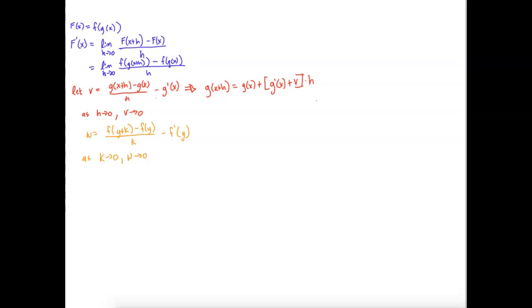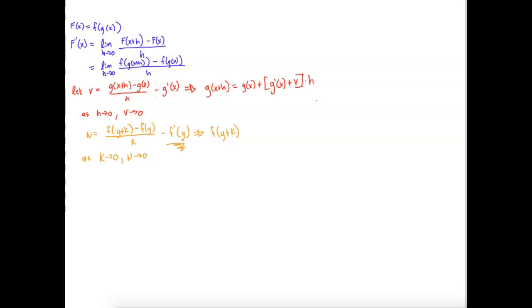All right, and likewise, I'm going to isolate f of y plus k. So I'm going to multiply k to the other side, and then the first thing I'm going to do is add over the f prime of y.